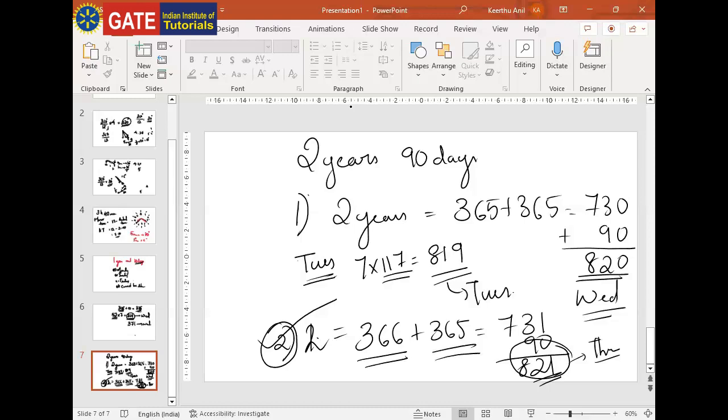The total number of days will be 731 plus 90, that is equal to 821. So 819 will be Tuesday. Then how many odd days are there in those 2 years? That question we'll be discussing in the next class, because it is 820 and would take a lot of time. Okay.